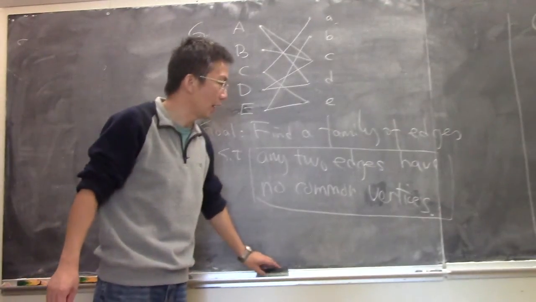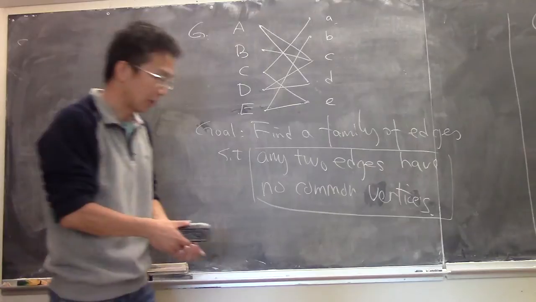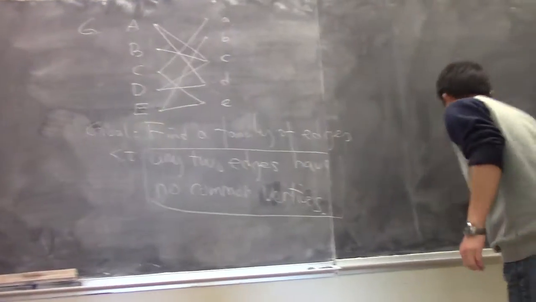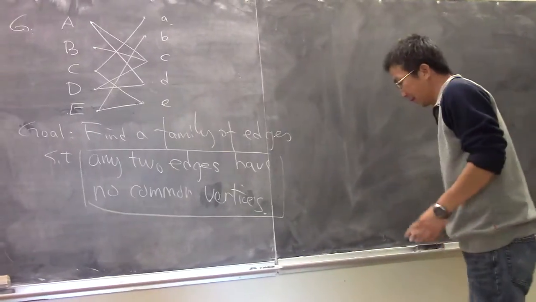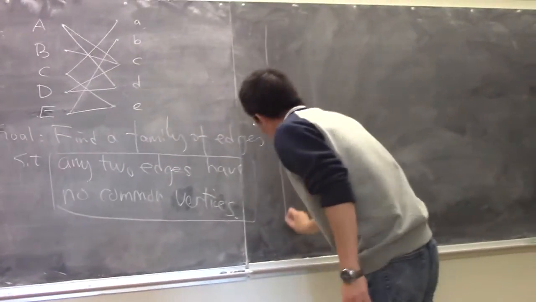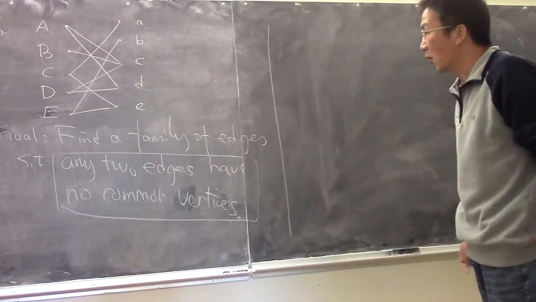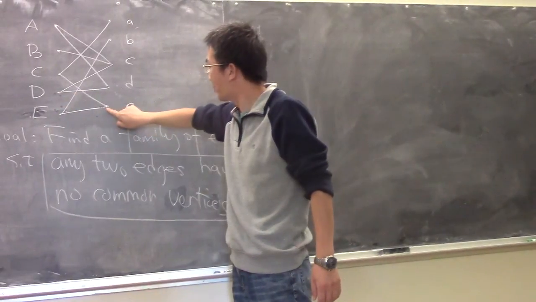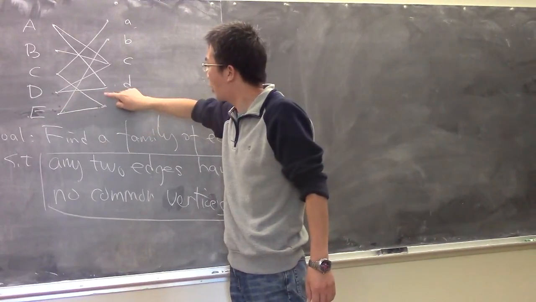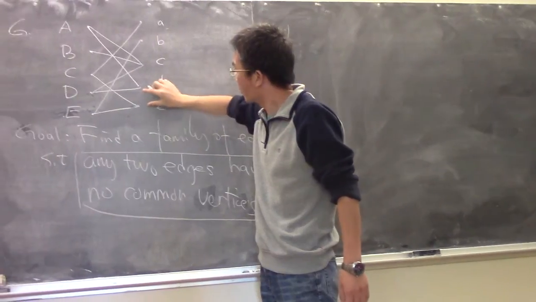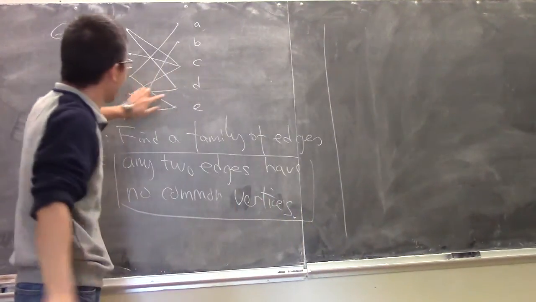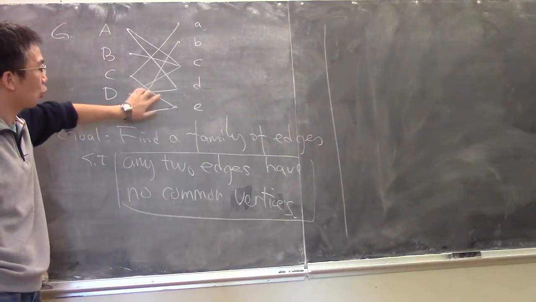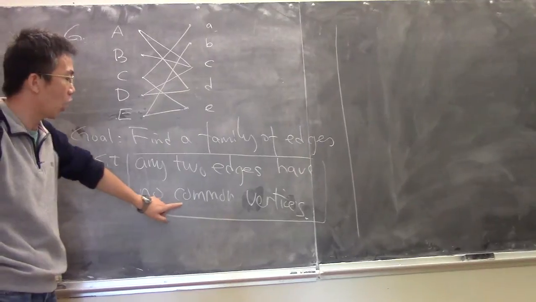That's where the idea of the matching kicks in, right? So generally, what is a matching? My assignment basically says no two people will be assigned one job, and one person will not be assigned two jobs. That's realized as no two edges sharing a common vertex.